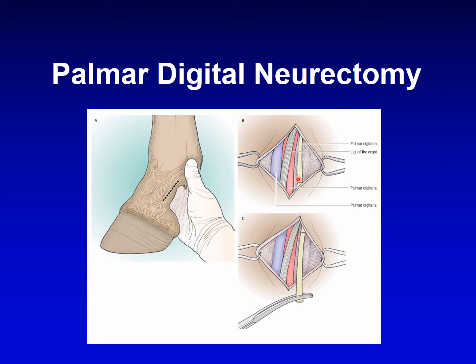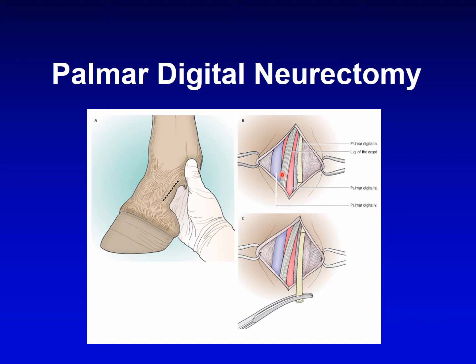However, we will look at the area, and we will see the ligament of the ergot. The way we distinguish between the ligament of the ergot and the palmar digital nerve is basically by the color and by the appearance. Usually, the ligament of the ergot is pretty white and pretty glossy, shiny.